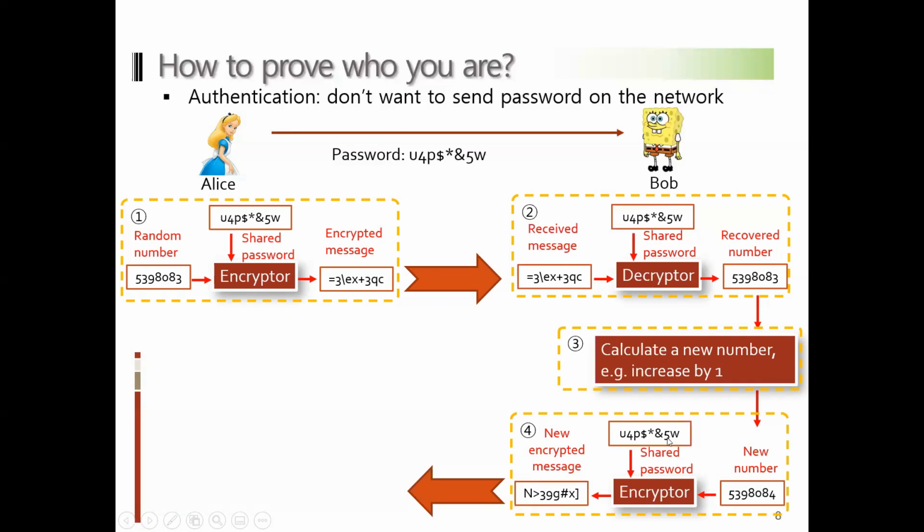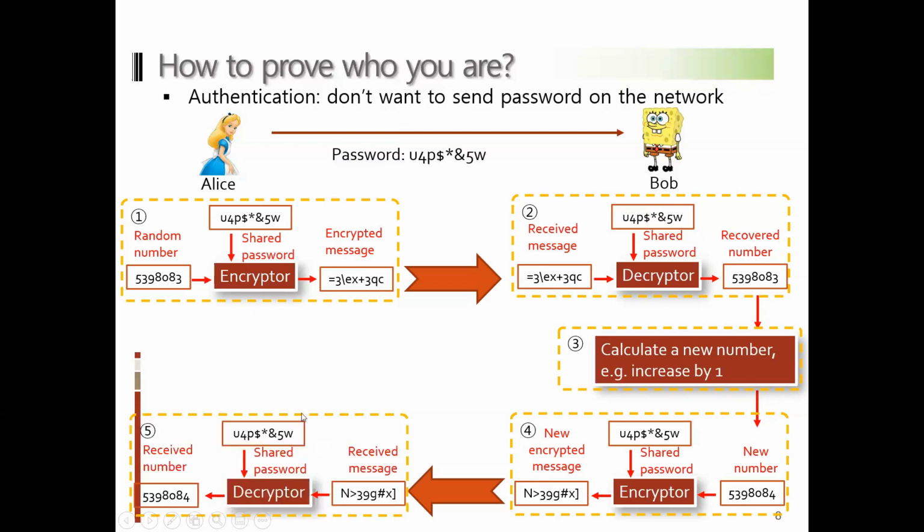Bob sends this new value to Alice, using the same shared password to encrypt it. This new encrypted message won't have any resemblance to the original message, because if the encryption method is ideal, then even if only one bit is changed, the encrypted message should look completely random compared to the original message.